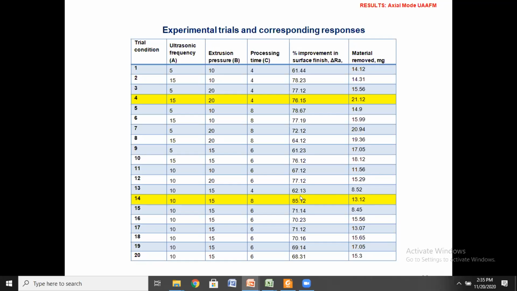For that particular condition, you are supposed to do some multi-objective optimization. In another case, using the regression analysis, you can vary these numbers A, B, C, use the regression equation, and get some predicted value. However, that prediction should also be compared with some optimization technique in order to validate.